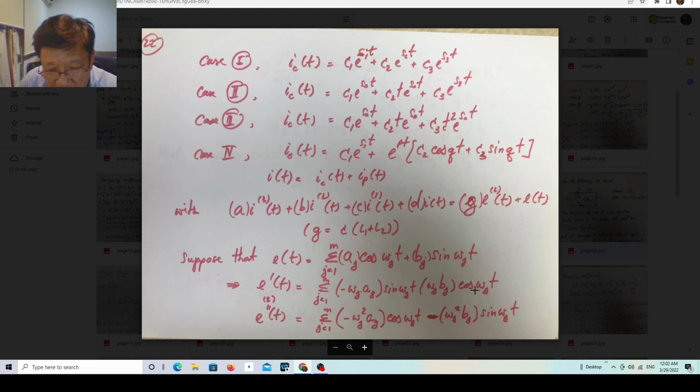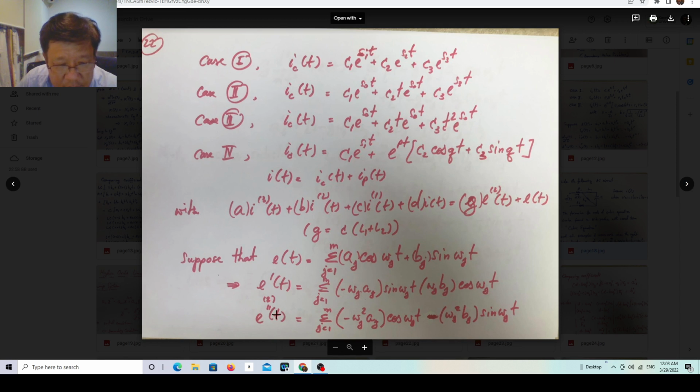Also for the second term, when you find the second derivative, you get cos, sine, plus here, because when you find the derivative of cos it becomes minus sine, that's the minus here. And the same as the first term, when you find the derivative of cos, you get sine, and this one becomes omega j squared because when you find the derivative of the angle inside over the domain, you get another constant omega j to multiply the previous coefficient from the first order.